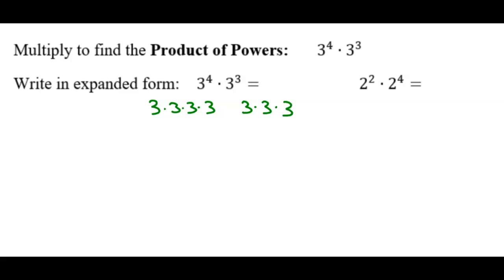What's happening in between them? They're multiplying. So if I rewrote that, I would do 3 times 3 times 3 times 3 times 3 times 3 times 3. How many 3's do I have there? 7. So I can rewrite it as 3 to the 7th power.